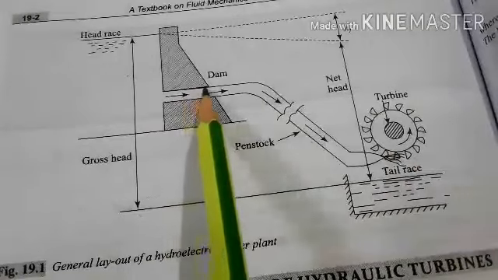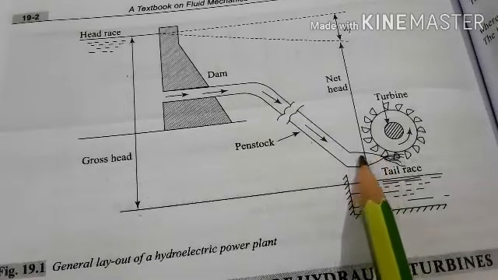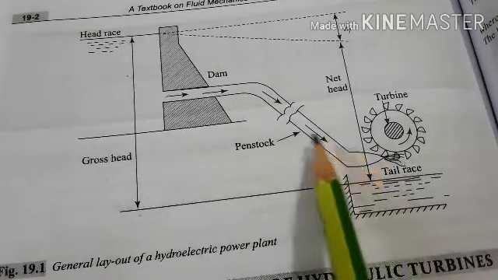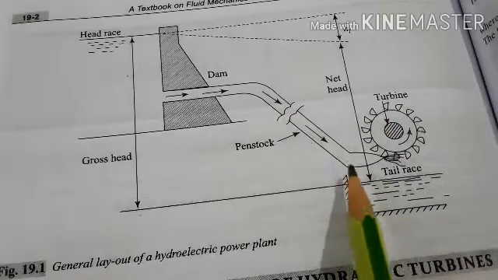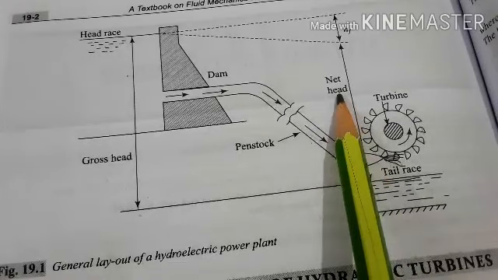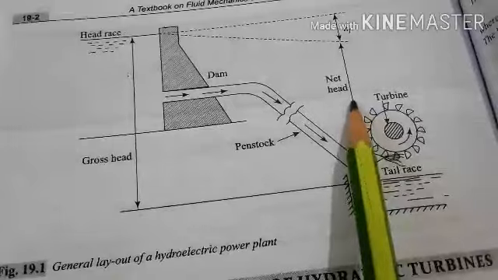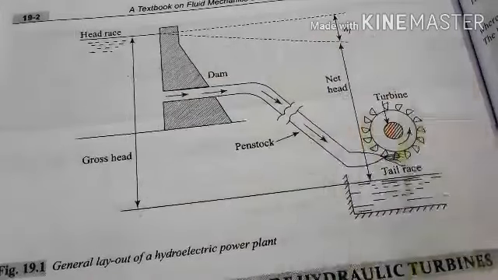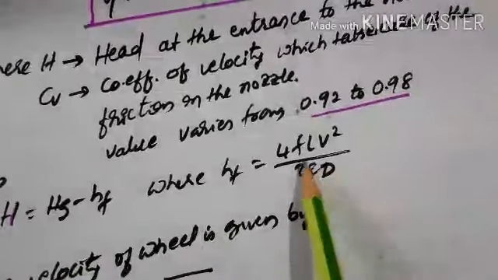As the water flows through the penstock and enters the turbine, because of the friction in the pipe there will be losses. After taking the losses into account, whatever net head is available at the inlet of the turbine is called the net head H, which is equal to Hg minus Hf, where Hf is 4fLV squared by 2gD.